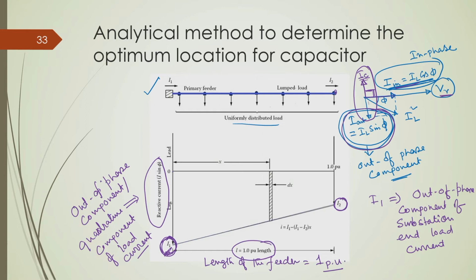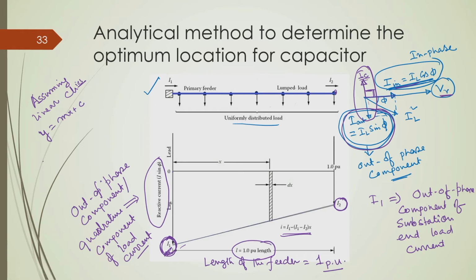Okay. And we can understand how we can find out these characteristics which show this variation of the current. We assume that it is a linear characteristic. So, assuming linear characteristics, we consider that this I follows y equals m x plus c.